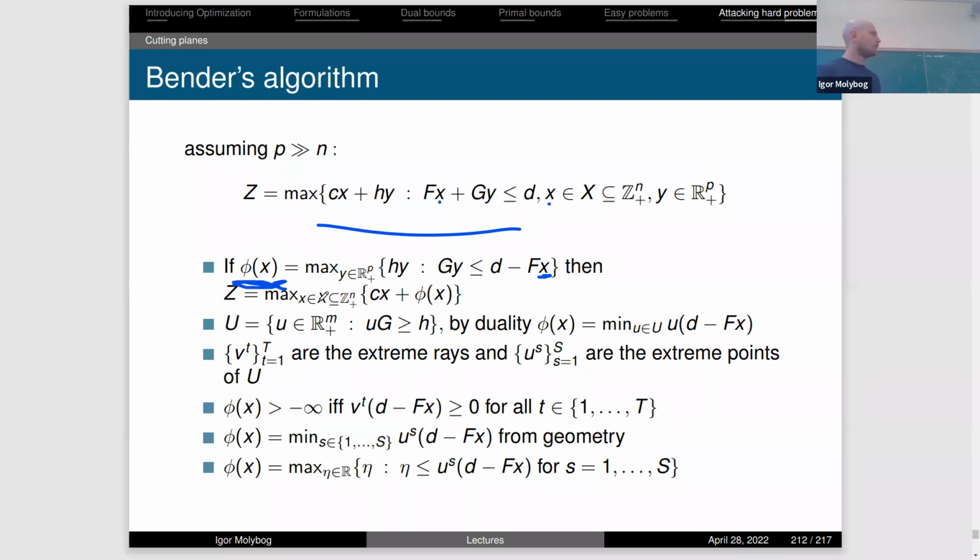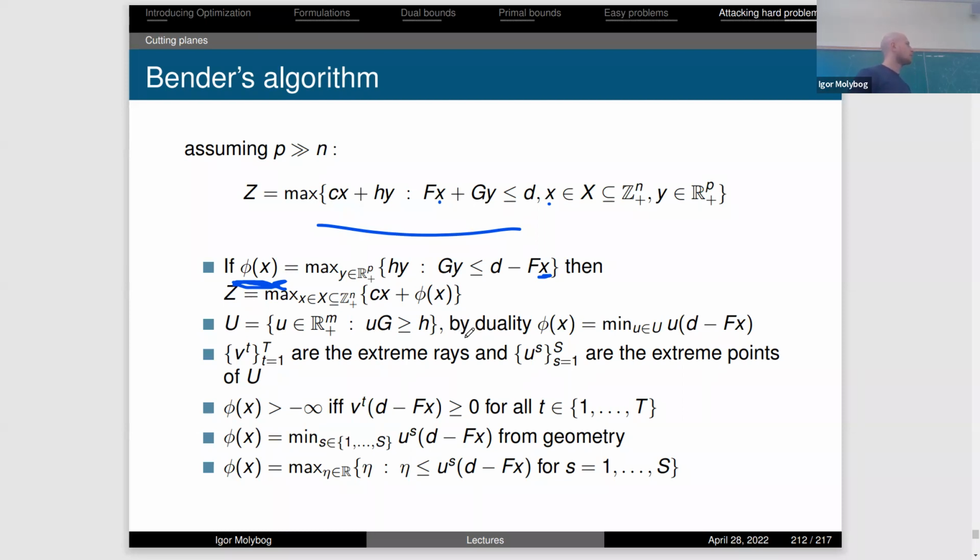And then we have realized that since this phi of x is a linear programming problem, we can dualize it, and the solution of the dual will be equal to the solution of the primal. And then we realize that the solution of the dual can be expressed in a few different forms.